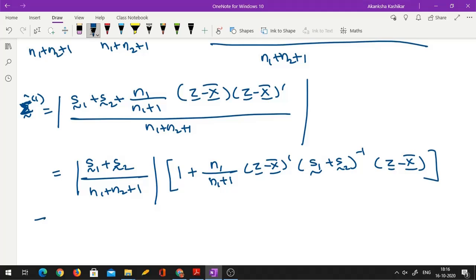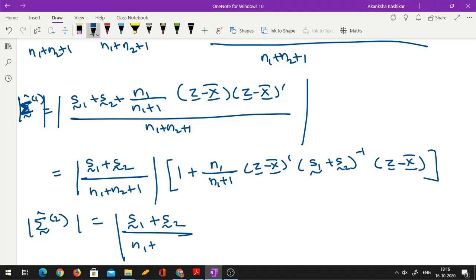Okay, this is the determinant of sigma 1 hat, and similarly the determinant of sigma 2 hat would be (S1 + S2)/(N1 + N2 + 1) times 1 plus N2 upon N2 plus 1 (Z − Y bar)' (S1 + S2)^-1 (Z − Y bar).